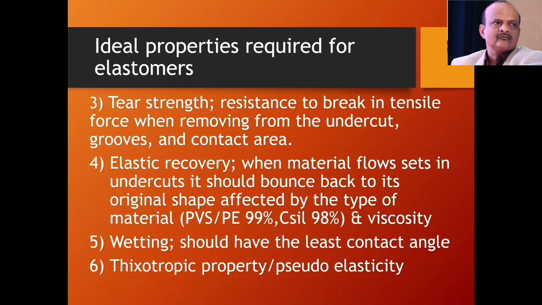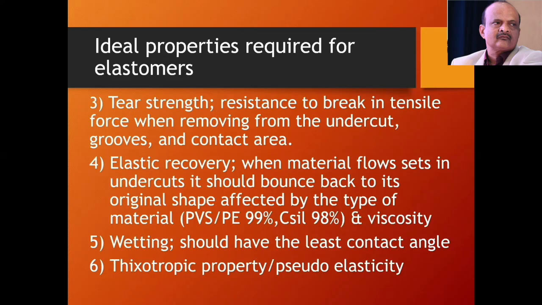Thixotropic property: this is the behavior of the material to become less viscous under pressure. Polyvinyl siloxane and polyether are thixotropic in nature. Shear thinning is where the material becomes less viscous under pressure.